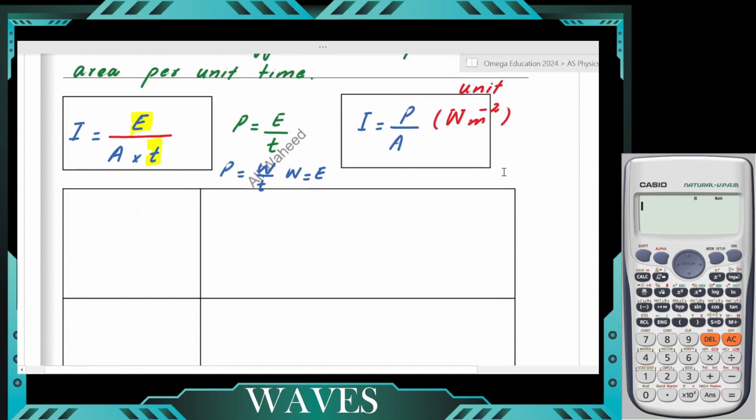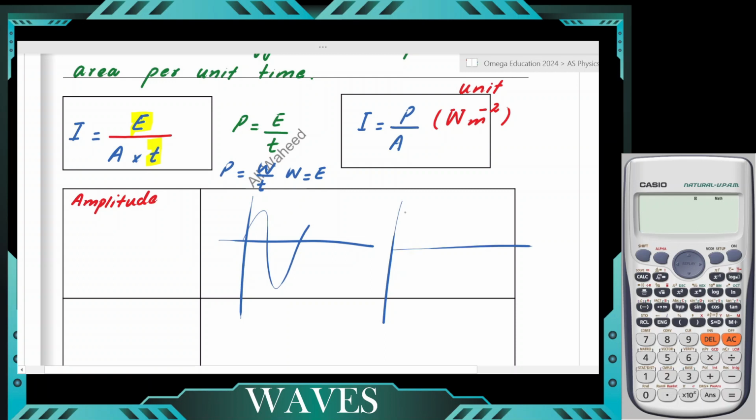Okay, the next thing is different factors that would affect the intensity of a wave. Let's start off with the amplitude. This one is very easy. A wave that has higher amplitude would have higher intensity. Think about it. You have a sound wave with some amplitude, and you have another sound wave with a greater amplitude.